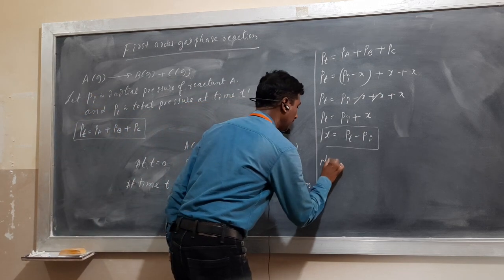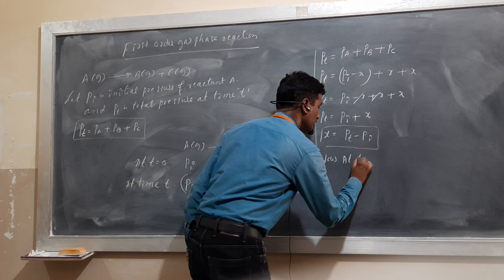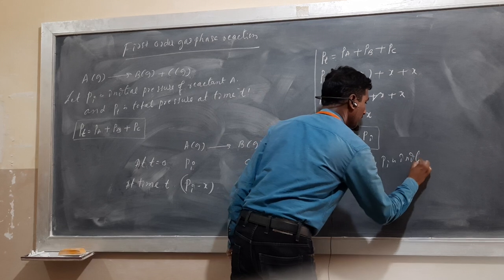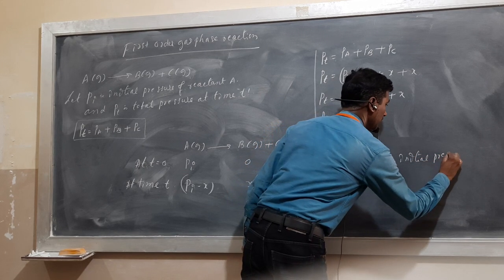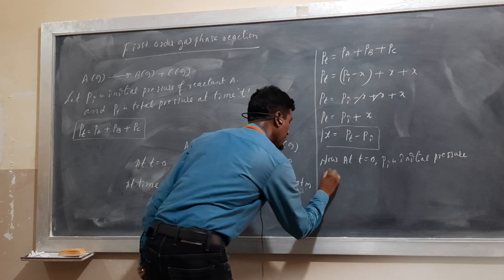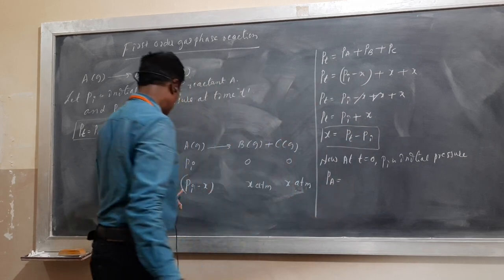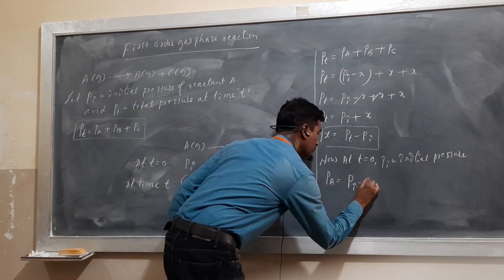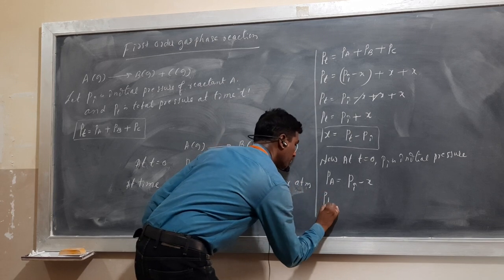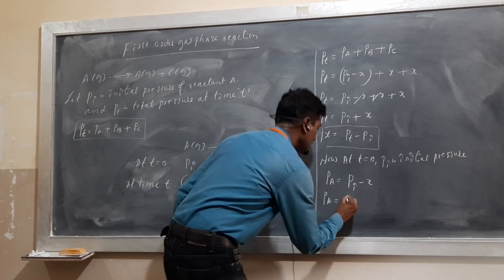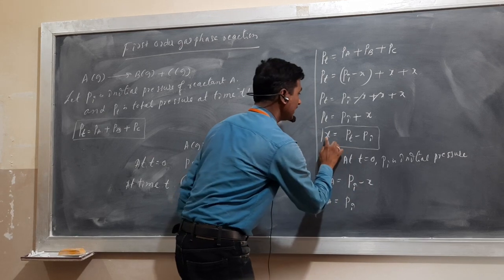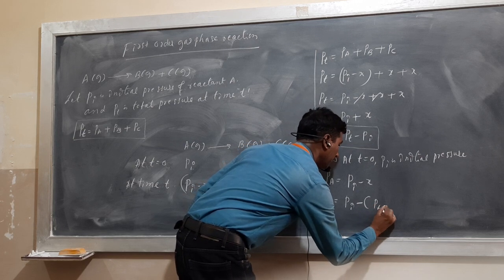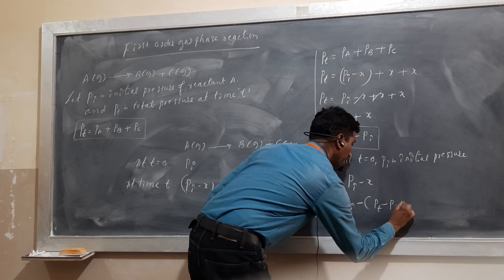Now at t equal to 0, Pi is the initial pressure. And what is PA? PA, the partial pressure of A, is nothing but Pi, the initial pressure, minus X. So the partial pressure of A is Pi minus X, and X is PT minus Pi.